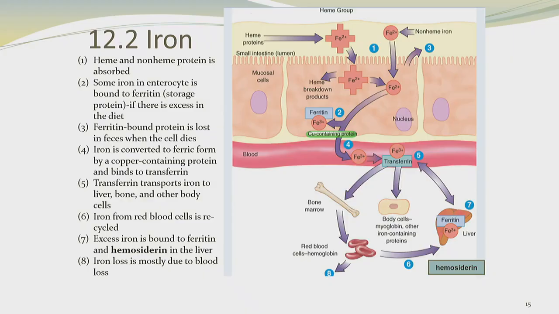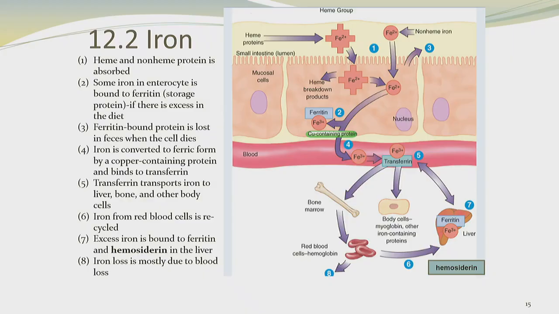So this is just showing how iron is absorbed in the body. Here we see the absorption of iron in both forms, in the heme and the non-heme. So once iron is in the enterocyte, the ferrous form of the iron is converted to the ferric form. And then you can have one of two things happening at this point.